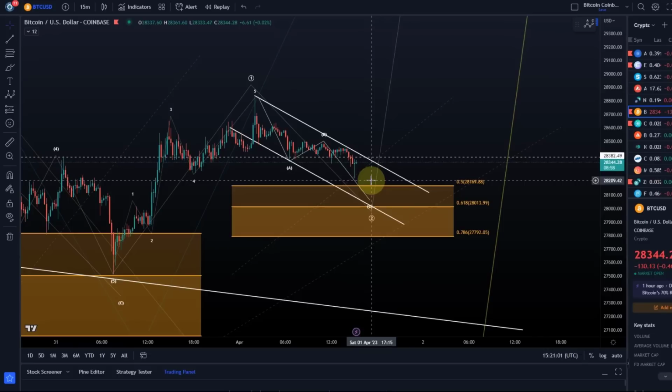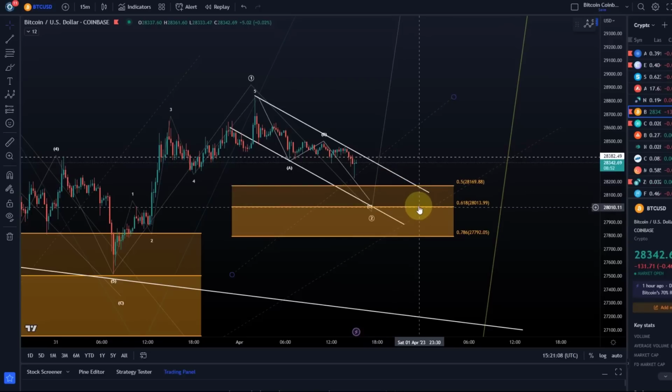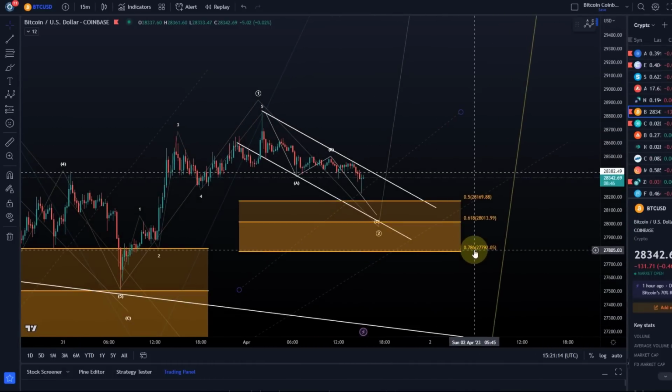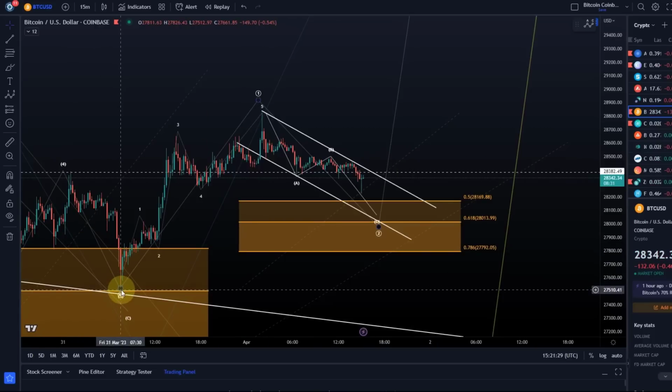It seems like 28,170, the 50% retracement, or the golden ratio at 28,000 would be great levels to start a 3rd wave rally from. Below the 27,790 level, which is the 78.6 Fibonacci retracement level, those setups rarely work out, even though it doesn't get officially invalidated until it breaks below the beginning of the wave 1, at around 27,500.